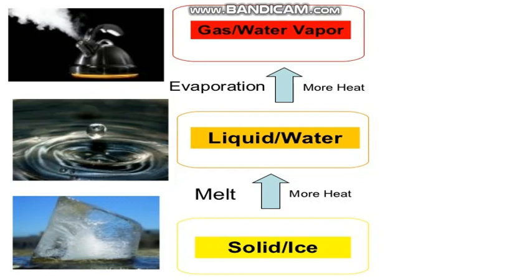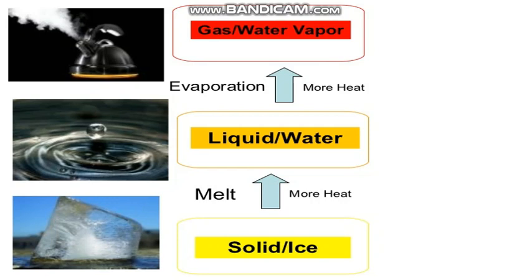This liquid water will change to the third form of matter, which is called gas. So at a specific temperature, solid will remain solid, liquid will remain liquid, and gas will remain gas. But if you change the temperature by increasing or decreasing it, the states of matter will change.